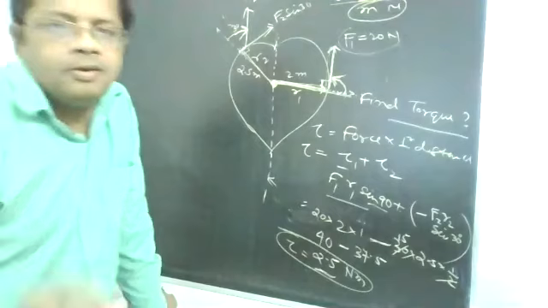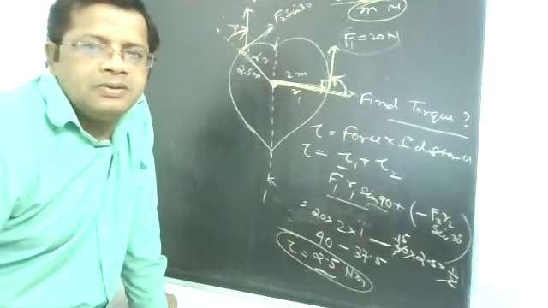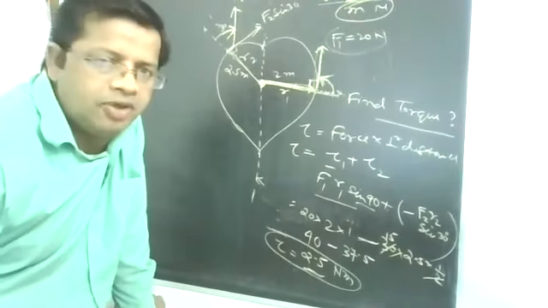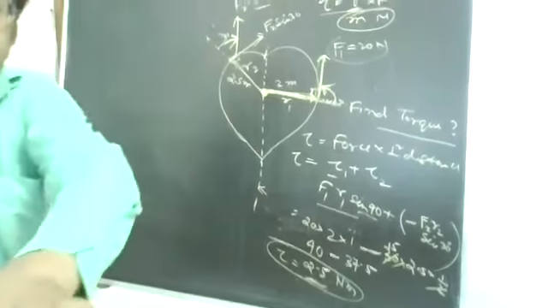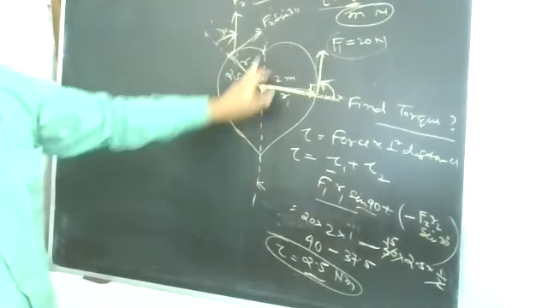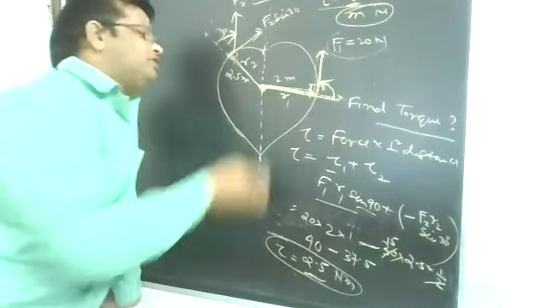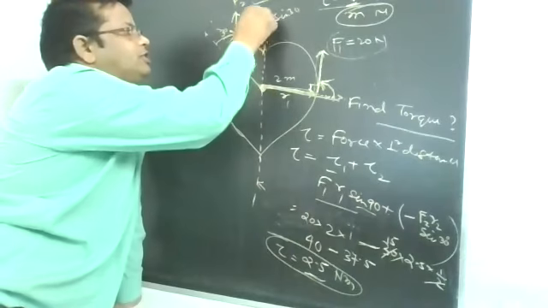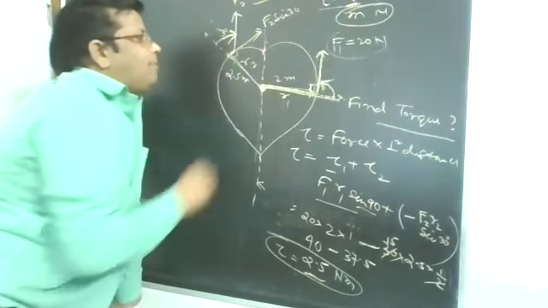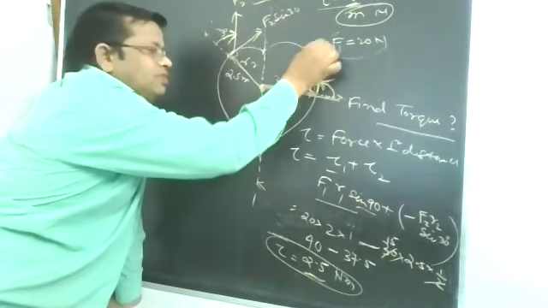Sir, so in this we will use the formula torque equals force into perpendicular distance from the axis of rotation. Now you see here once again, everybody. This is any framework, any body is there, and this is the point. This is the axis passing through this point. So what is the perpendicular distance of the axis from this force F1?